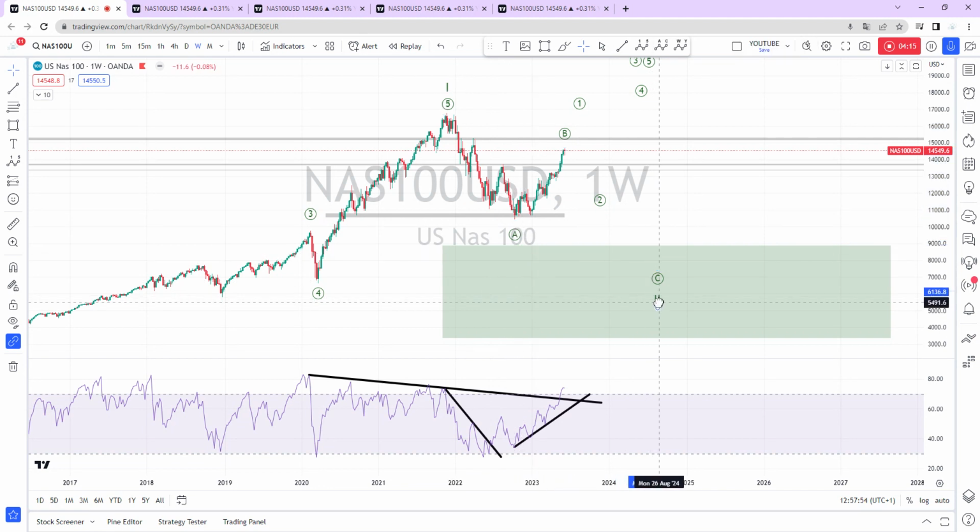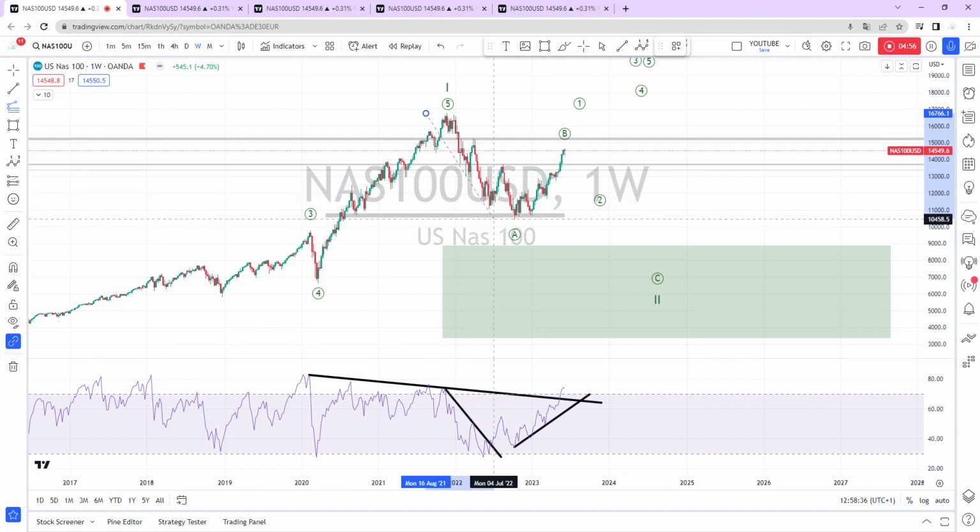It could be that we are still doing our wave 2 if we do not take out this high here, and we break again this low for some reason. It could be that our wave 2 will end somewhere here in this box, because this could be our wave A to the downside. Then here we have our wave B, and then we would have a wave C. So let's assume that this here was the high, I think last week.